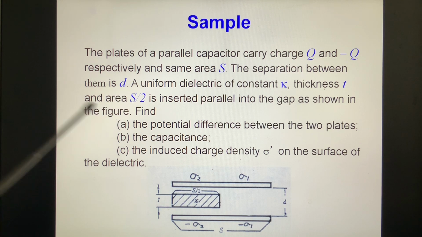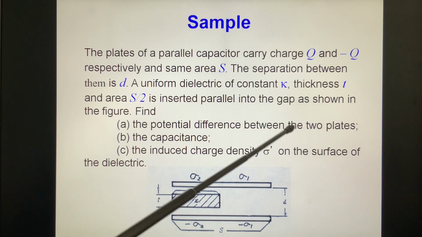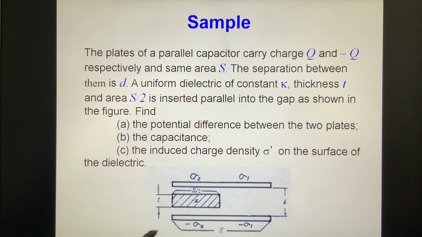Find A, the potential difference between the two plates. B, the capacitance. C, the induced charge density sigma prime on the surface of the dielectric.